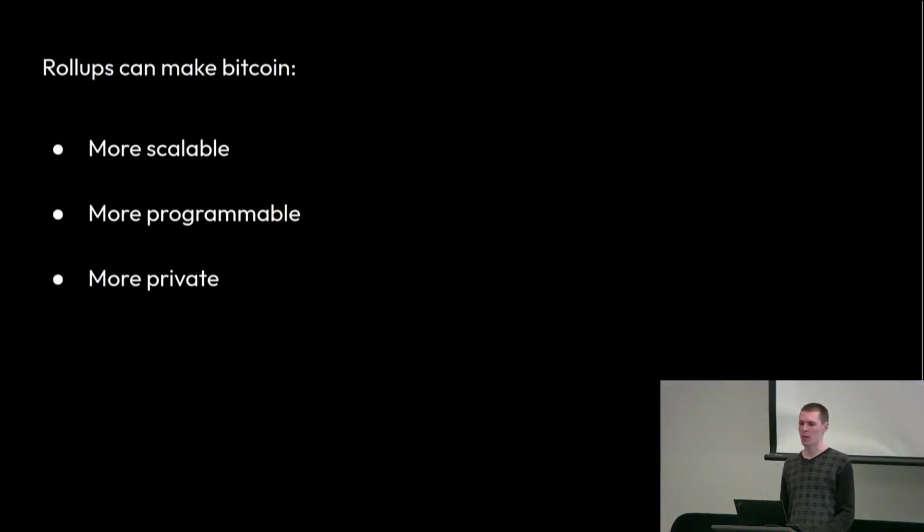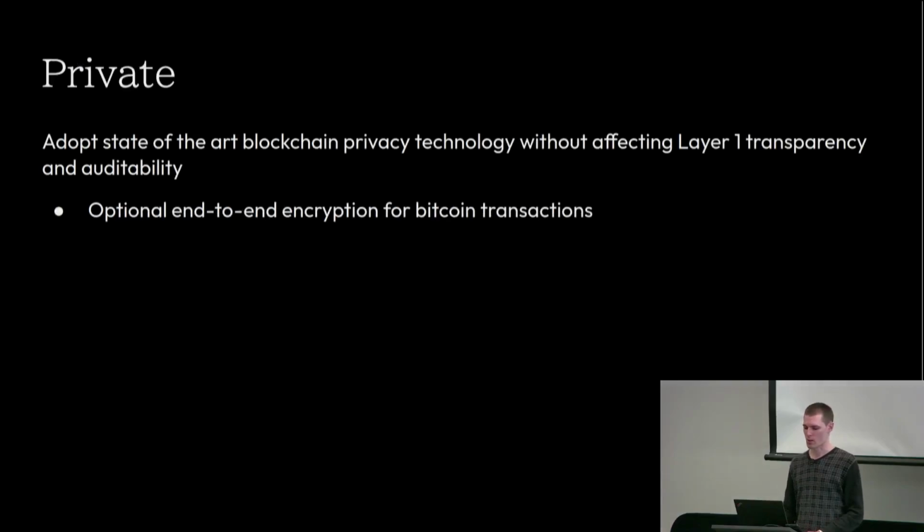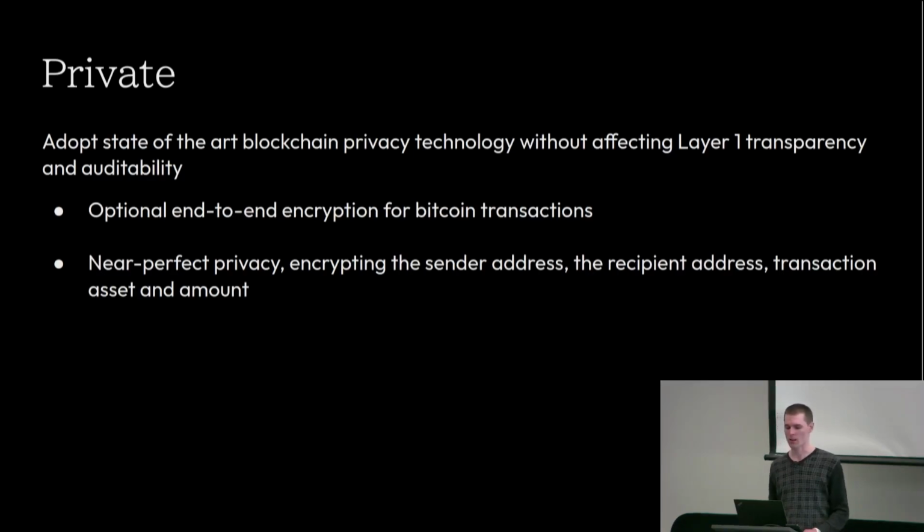They can also make Bitcoin more private. So with rollups, we can adopt state-of-the-art privacy technology without affecting layer 1 transparency and auditability. For example, we can add optional end-to-end encryption for Bitcoin transactions, giving us near-perfect privacy, encrypting the sender address, the recipient address, the transaction asset, and amount.